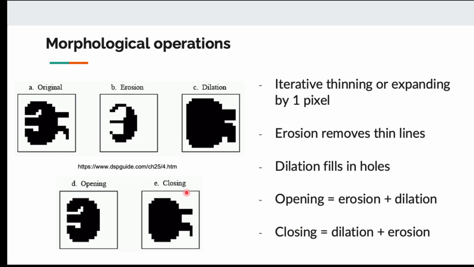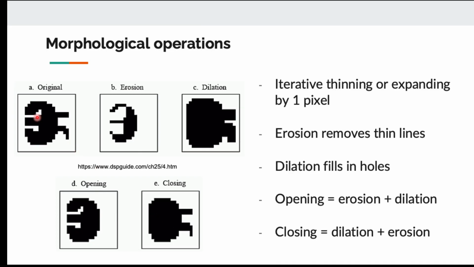So what would happen is that if you want to remove the noise on this part, like the tentacle here, you perform erosion first because it will remove that side. But because you want to fill this hole back, you perform dilation to fill in the hole.